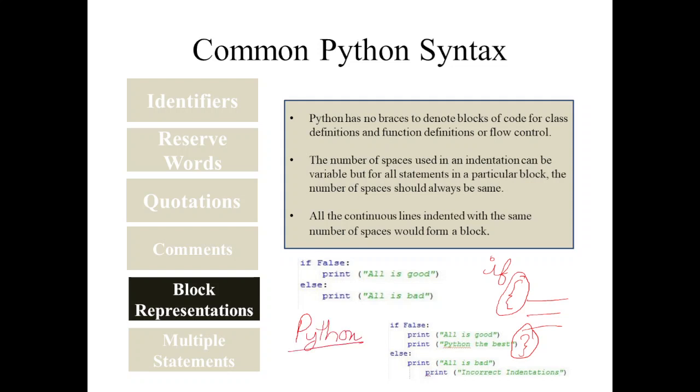For example, if you use a single space in front at the start of three lines, then it means they are all a single block. And if you use a double space at the start of other lines, then it means they are relevant to another block. So in this way, the number of spaces shows the blocks that are executed at once in a program.